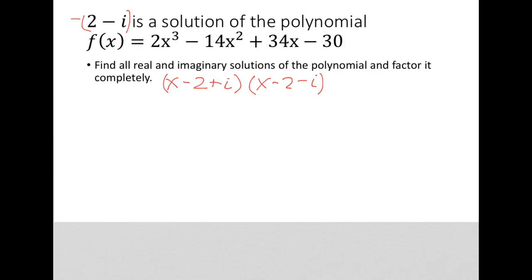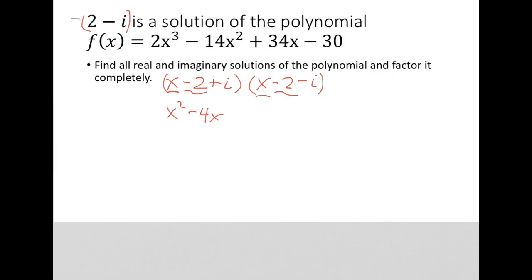And now I can multiply these together and see what I get. And I will get a quadratic function, which is cool. So I'm going to do this one mentally. I'm going to get x squared from the x times the x. Let's think about my x terms. I'm going to get a negative 4x because of those negative 2's and those x's right there.